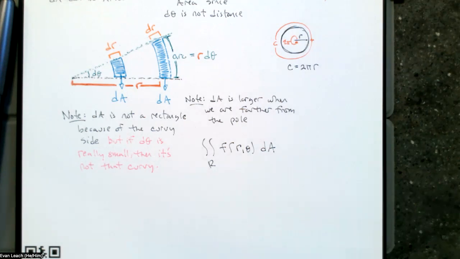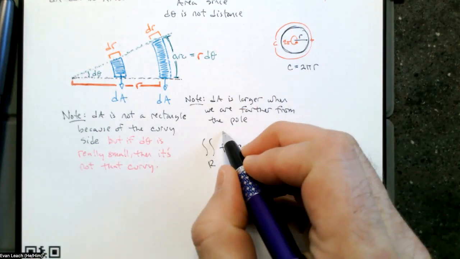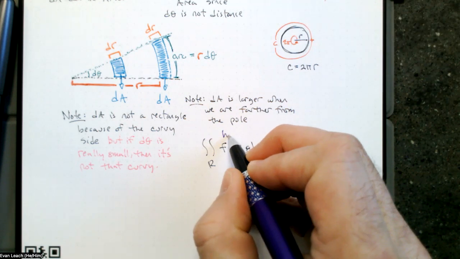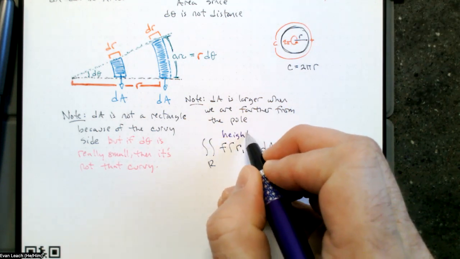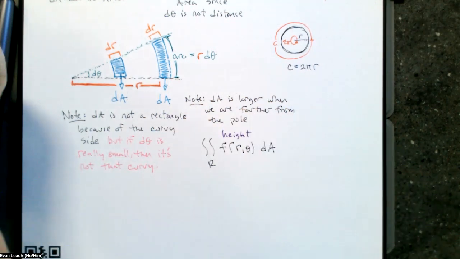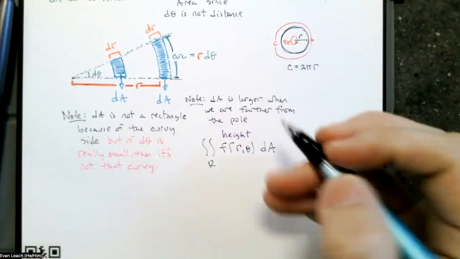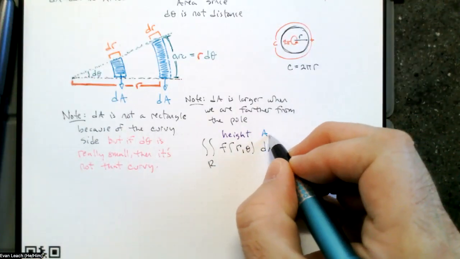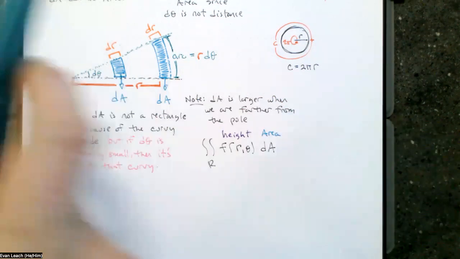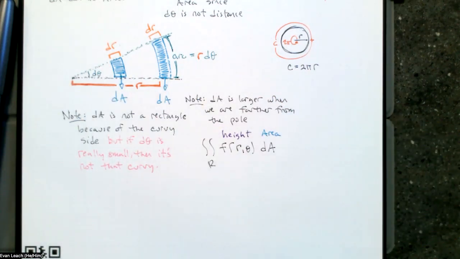But our area is going to look different. It's not just a dr and d theta. It's got an extra factor of r. Because I still want this to be a height multiplied by an area. But the dA is going to have an extra factor of r.